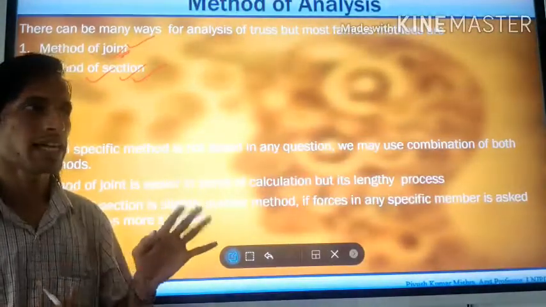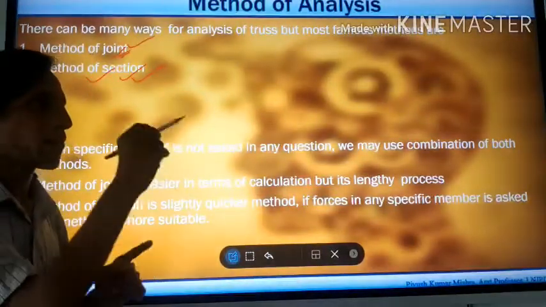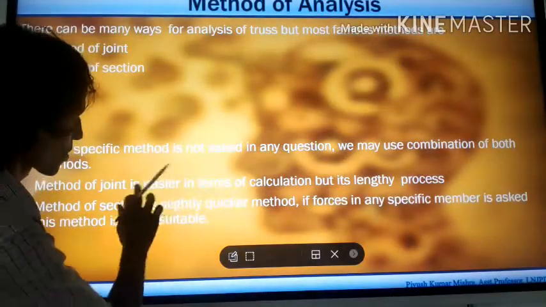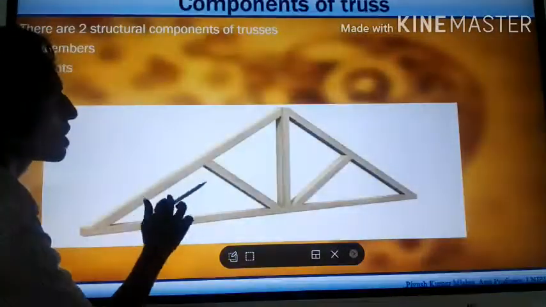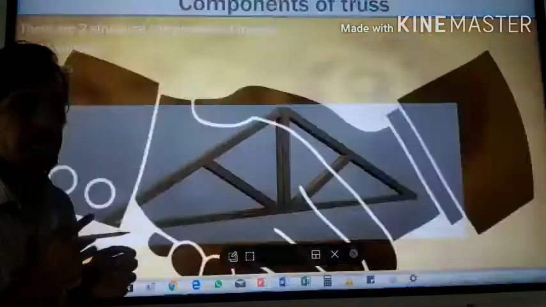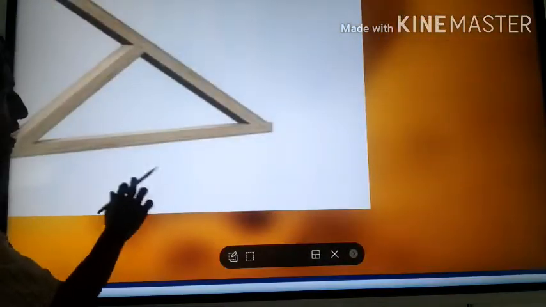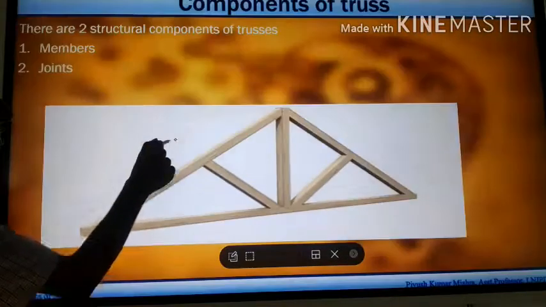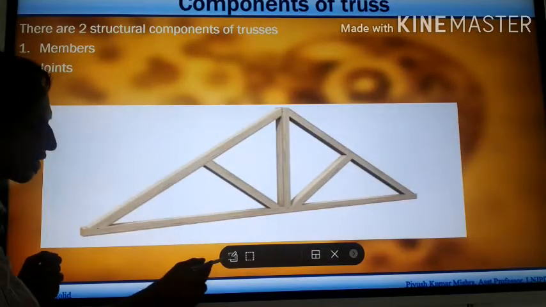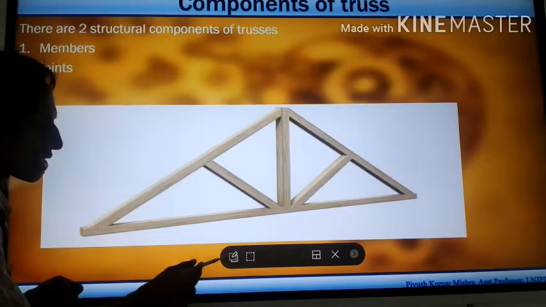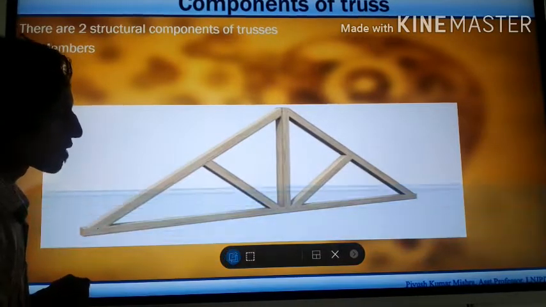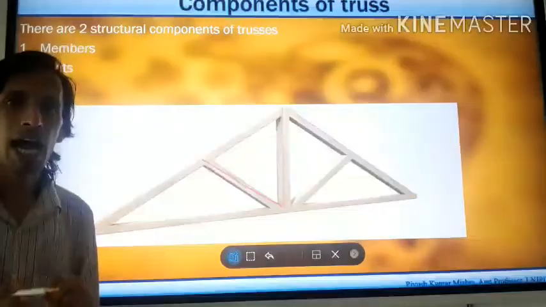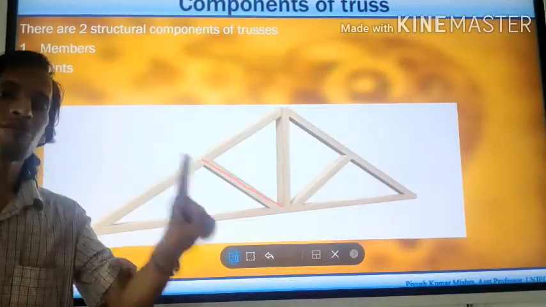For example, suppose this is a truss system and I ask you to give me the value of force in this member, only this one member.